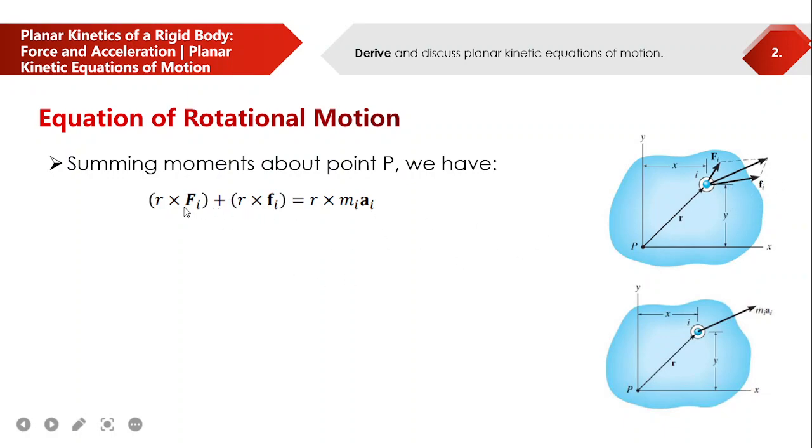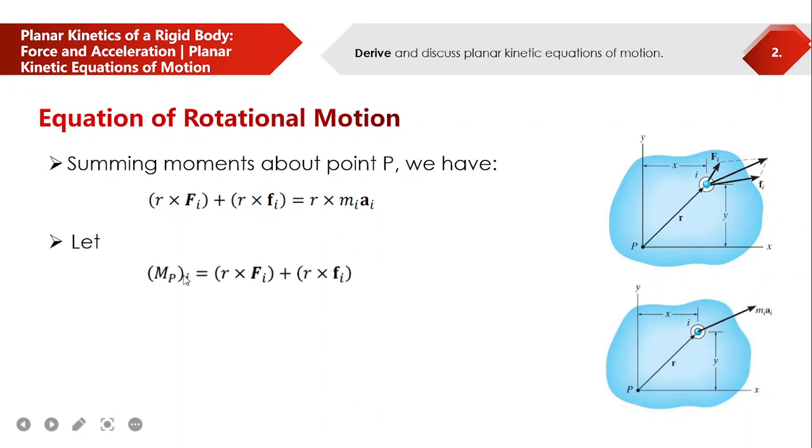Now, summing all of the moments, the first moment is from the external forces. So r times F sub i plus r cross product f sub i, that will be the internal forces acting on our particle, which is equal to the moment of the forces, which is m sub i times a sub i.